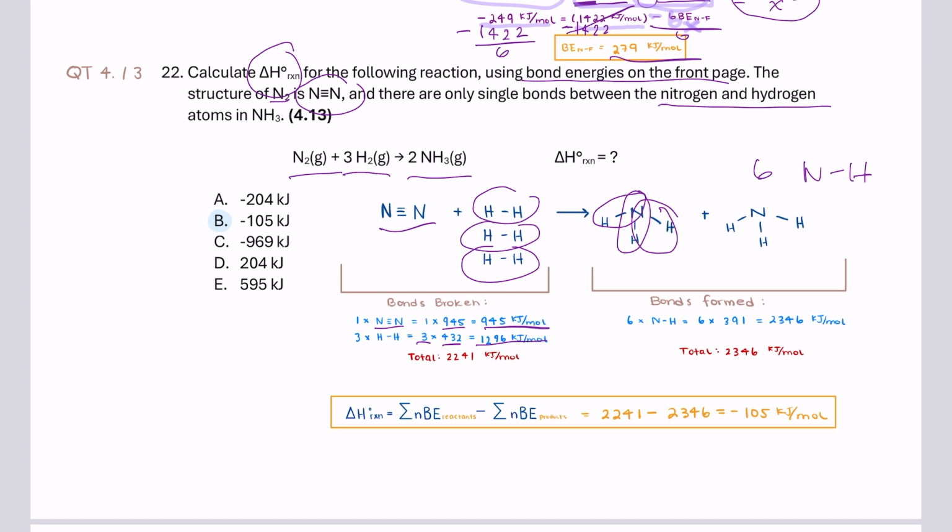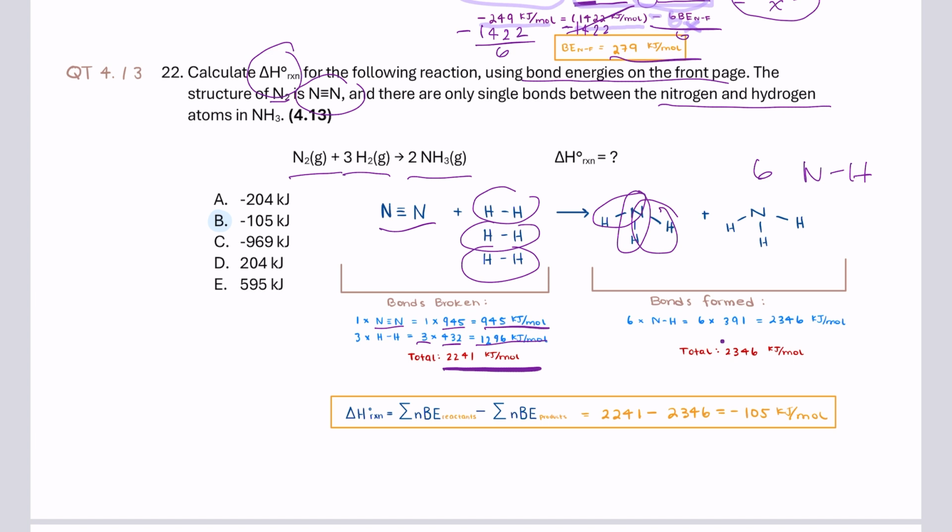That gives us 1,296 kilojoules per mole. Adding those together, the total energy input to break the bonds is 945 plus 1,296, which equals 2,241 kilojoules per mole.